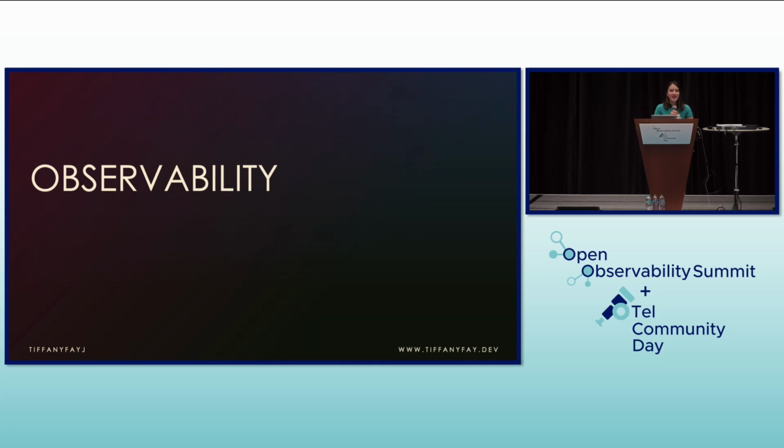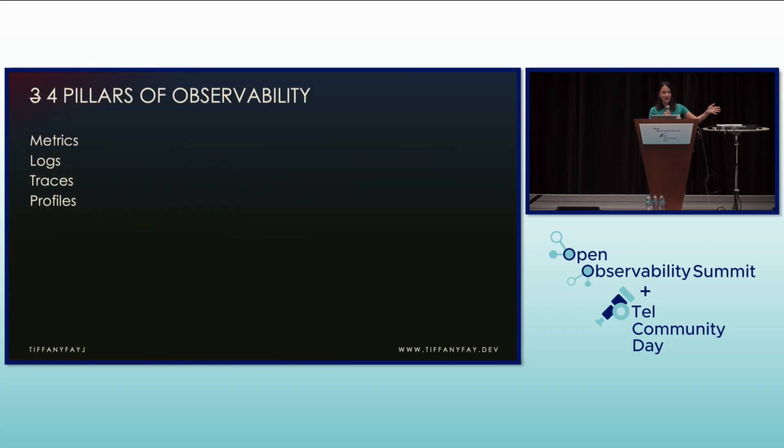So, observability, which is what everyone is probably here for. Who is actually new to observability, if anyone? OK, so everyone is very familiar. You all probably already know about the 3 or 4, depending on who you're talking to, pillars of observability.